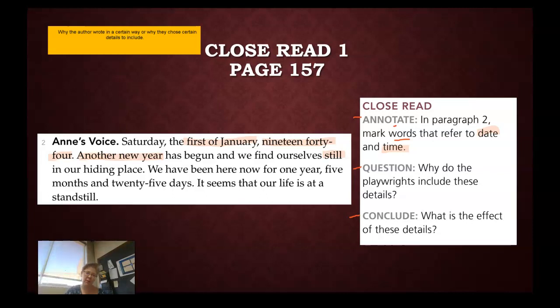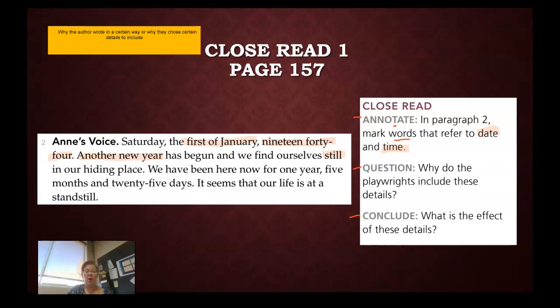Like, I'm still at the doctor. I'm still waiting for that package from Amazon. I'm still waiting for that update to download. So this is, again, telling us some emotions, and we can use that in the future to understand Anne's motivations.